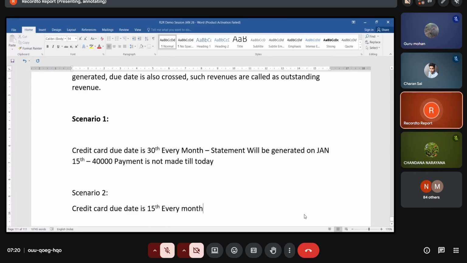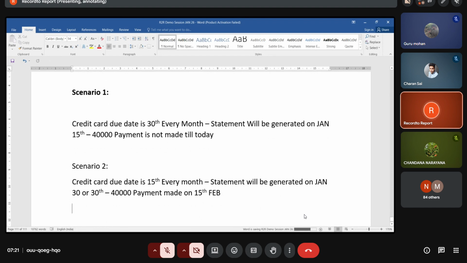That means for the January month statement, the statement will be generated on January 30th. The 40,000 payment is made on 15th February.